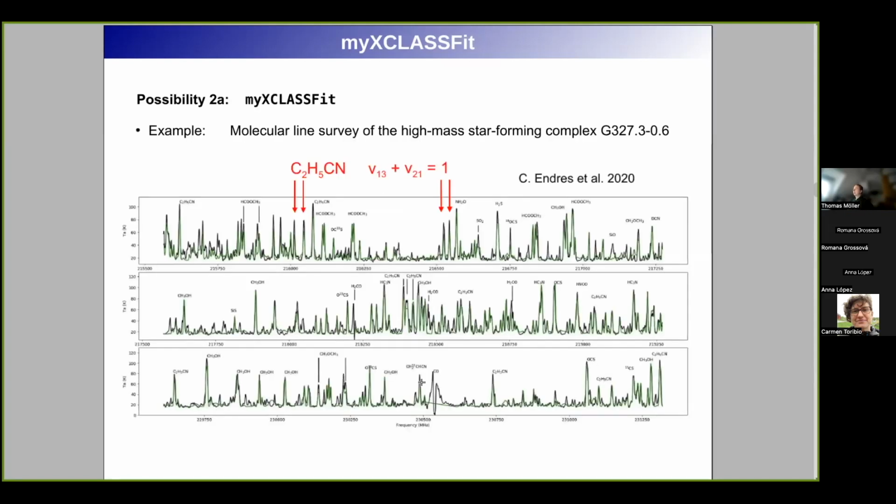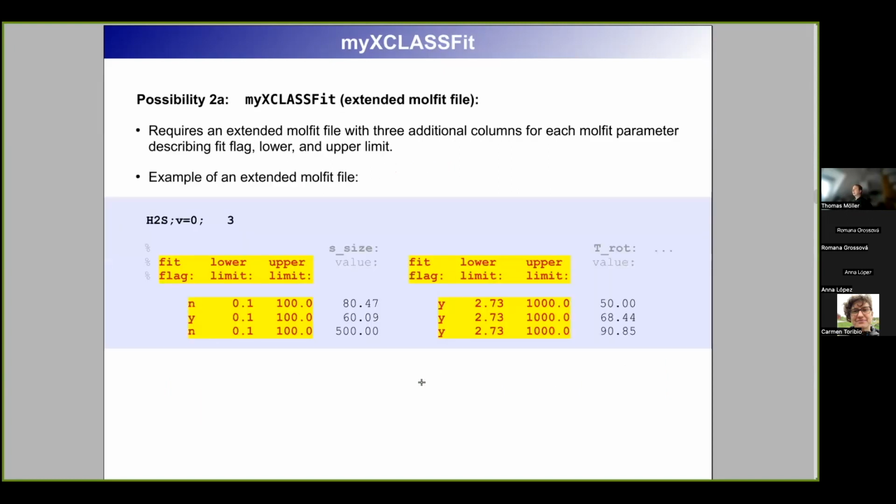Here, for example, the MyXClass fit function was used to describe the molecular lines in the star-forming region G327, where we identify the vibrational excited levels of ethyl cyanide. And for this MyXClass fit function, an extended MolFit file is required.